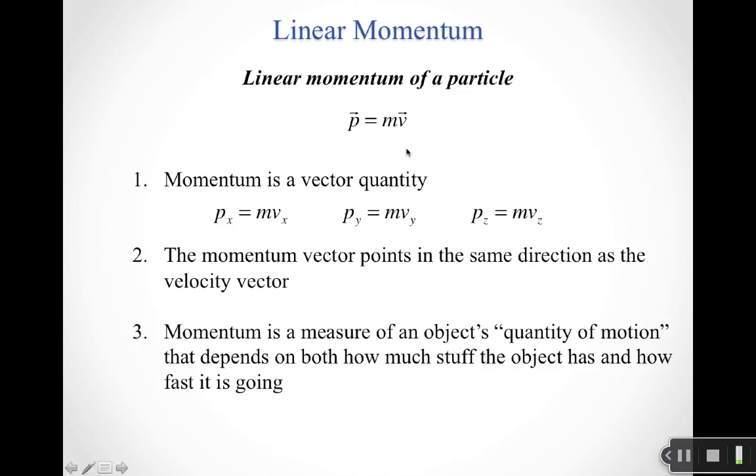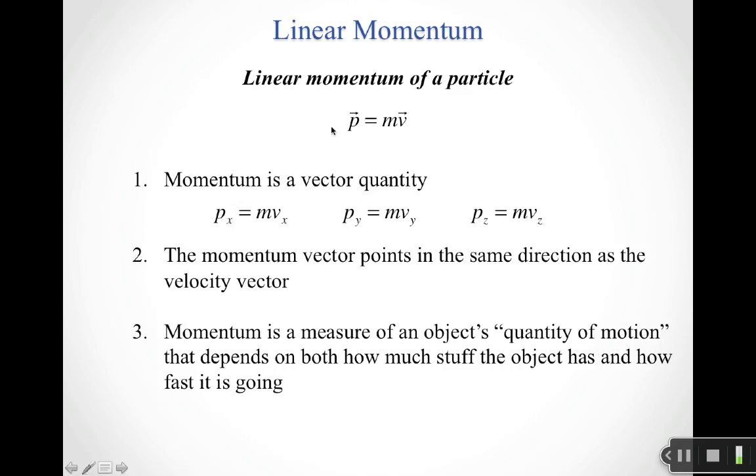The third thing this tells me is, again, that I don't have a very good definition in words for what momentum is. And so what we often fall back on is Newton's own words in saying that momentum is a measure of an object's quantity of motion. Now, I don't really know what this means, to be blunt, and we haven't found a better way for describing in words what linear momentum means since Newton said this 300 years ago.